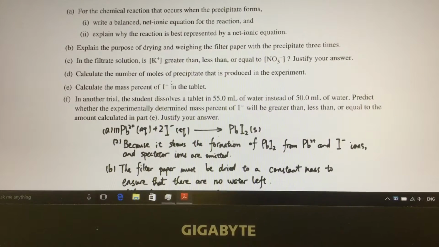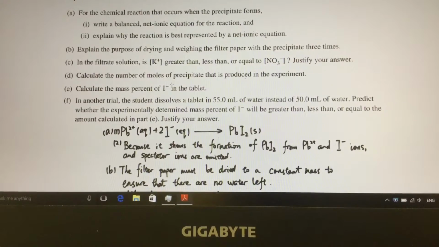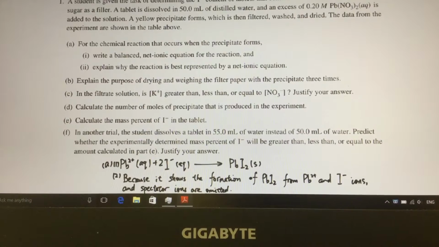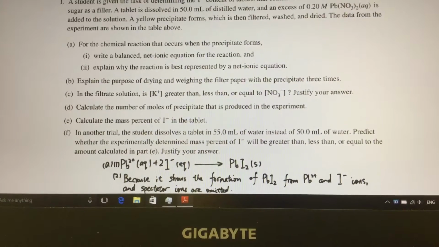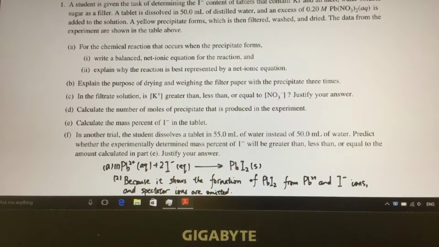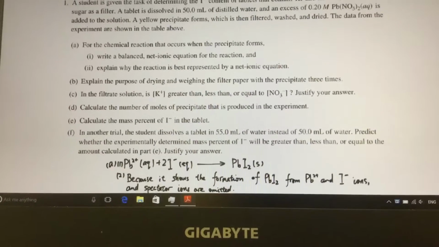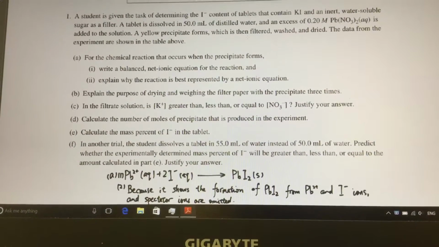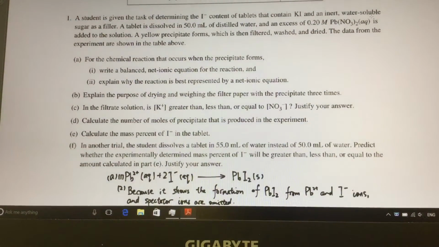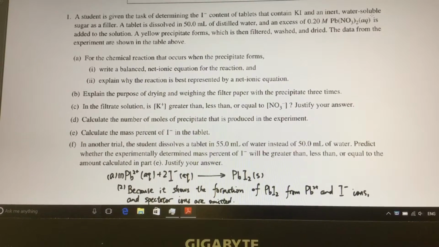Well, nitrate ions are actually more than potassium ions, because if we look at the question, it says a tablet is dissolved in 50 milliliters of distilled water and an excess of 0.2 molar lead nitrate, which means that the lead nitrate is added in excess.